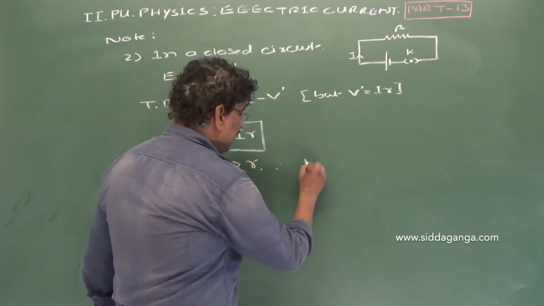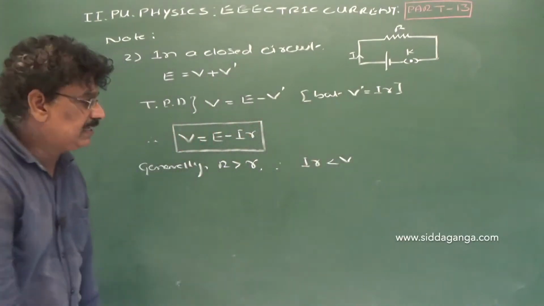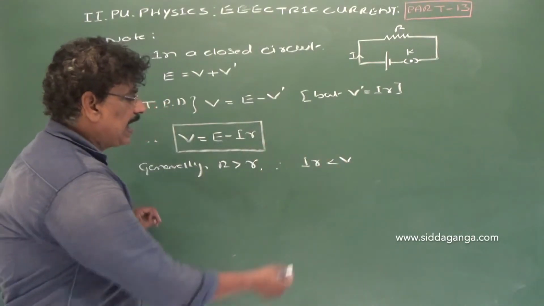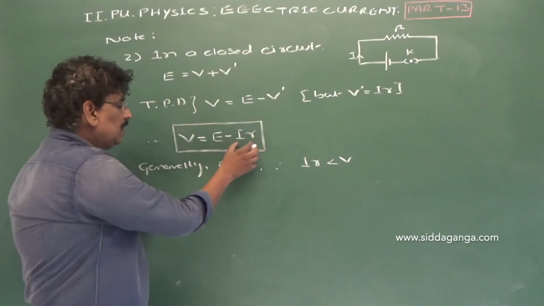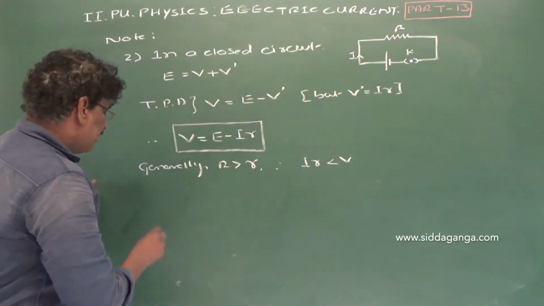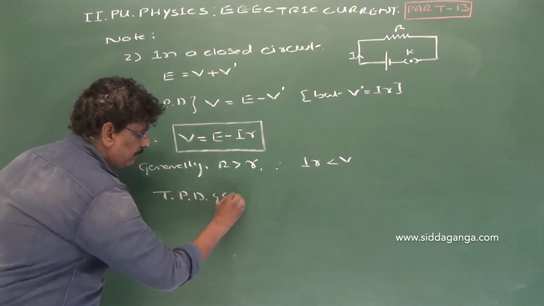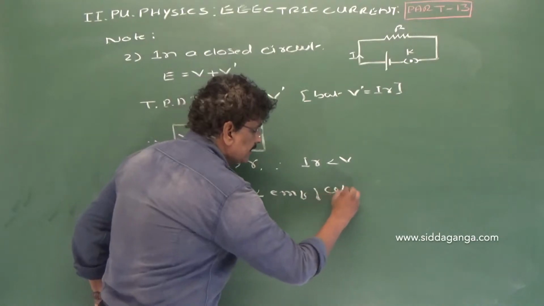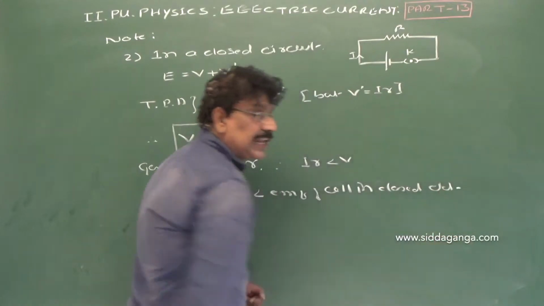Therefore, IR is less than V, because V is equal to I into capital R. When IR is less than V and has a finite value, this V is E minus IR. That means terminal potential difference of cell is less than EMF of cell in closed circuit.